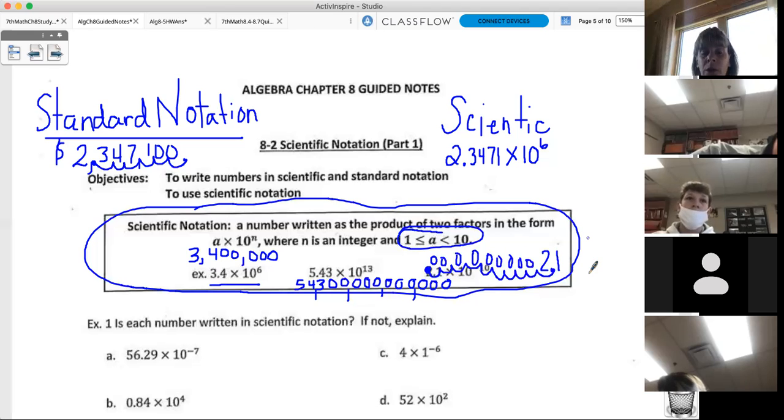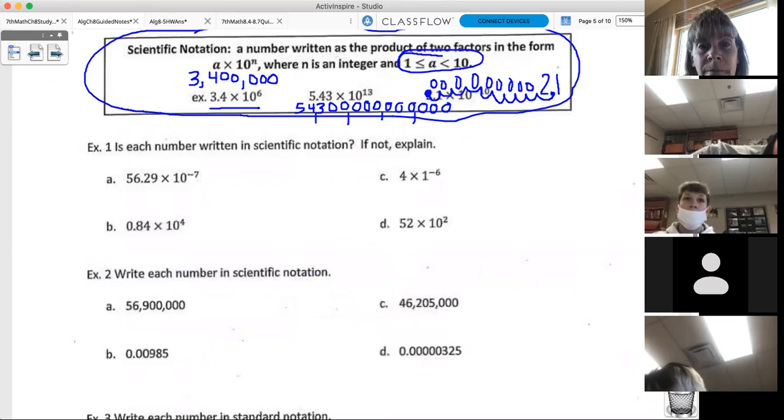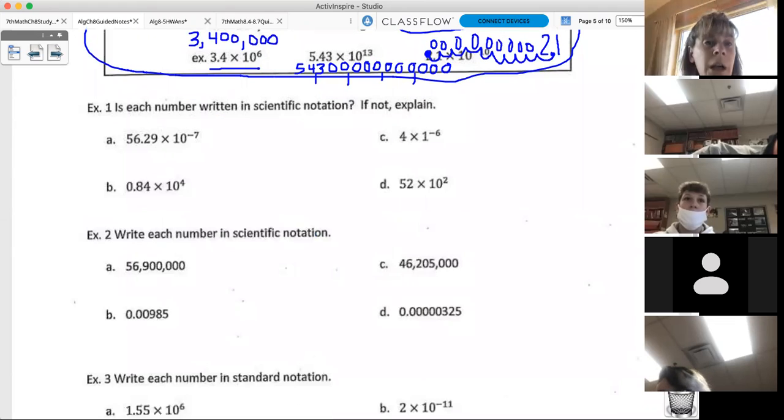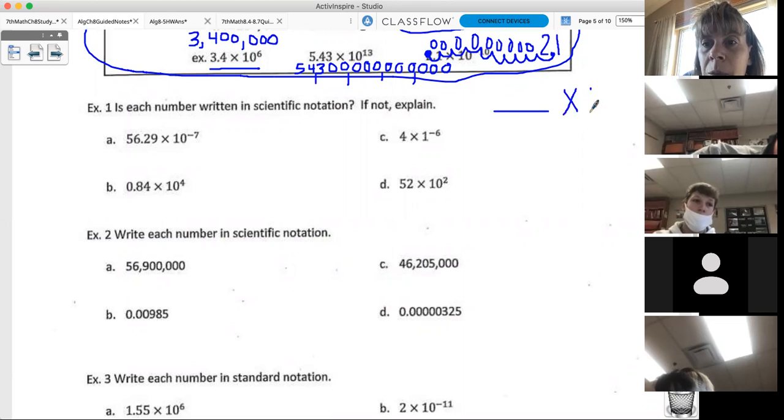All right, so that is what this is all about today: being able to convert back and forth between standard notation and scientific notation, and being able to recognize it if it's really in scientific notation. So to be in scientific notation, you have to have a number out front times a power of 10, right?